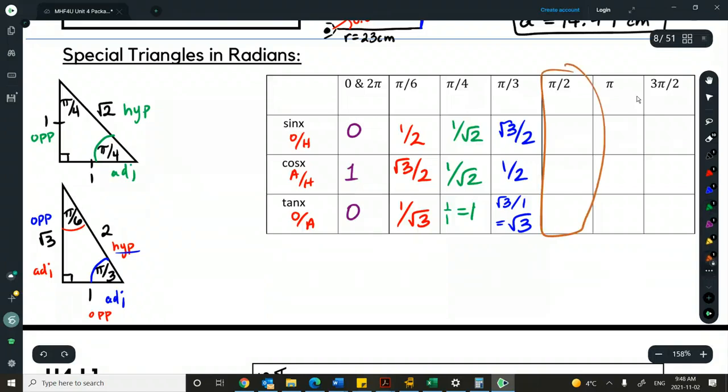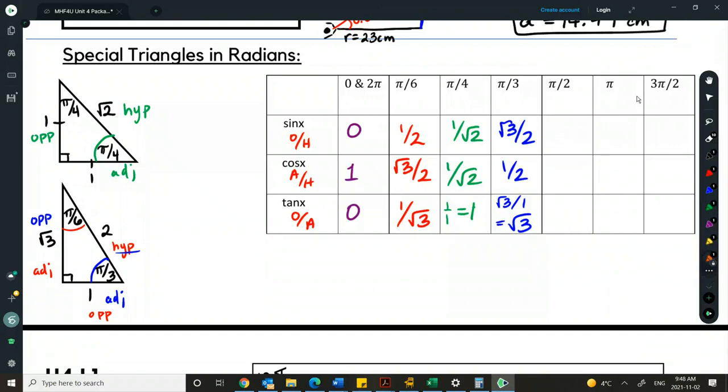Okay, let's do pi over 2. Sine of pi over 2. Should get 1. Cos of pi over 2. Athena? 0. And tan of pi over 2.